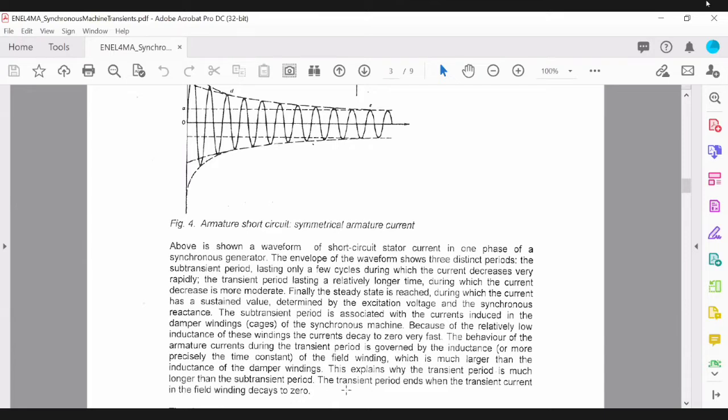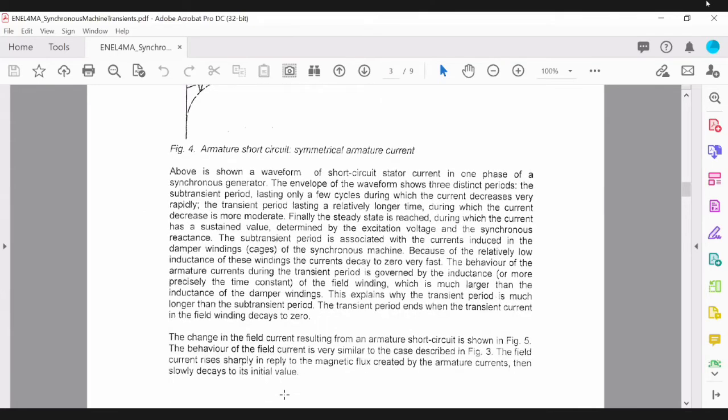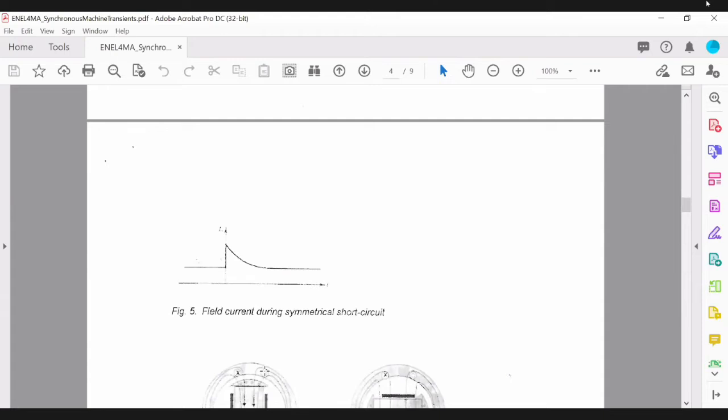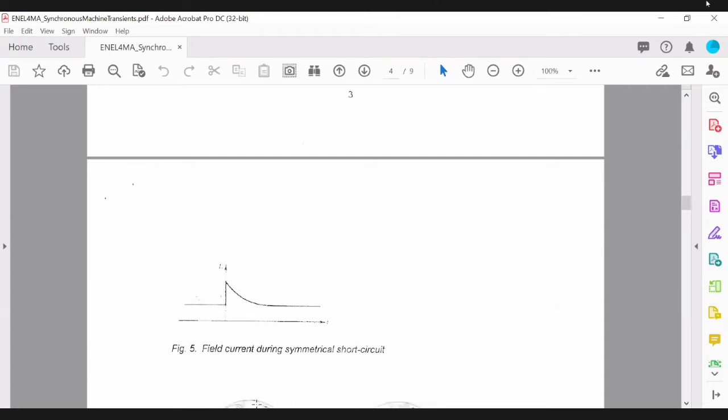Okay, so the transient period ends with the transient current in the field winding decaying to zero, and the change in the field current resulting from an armature short circuit is shown, as I said, in figure 5. So this is very similar to what we've observed earlier.